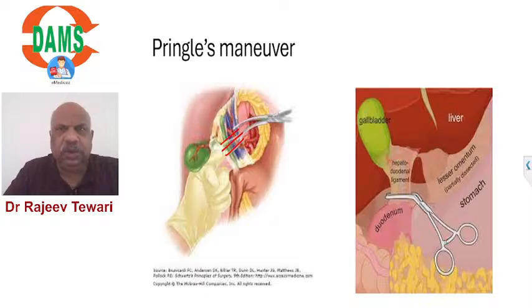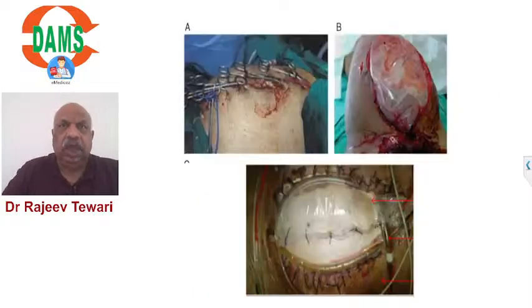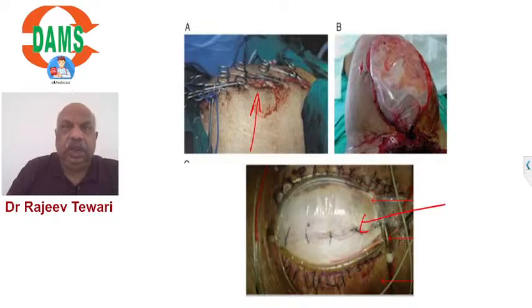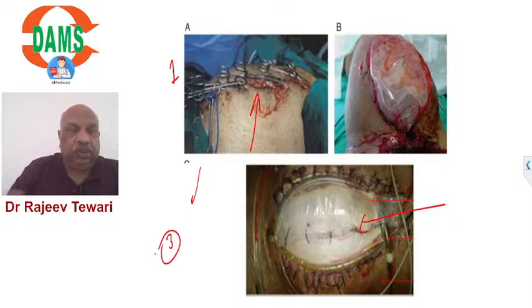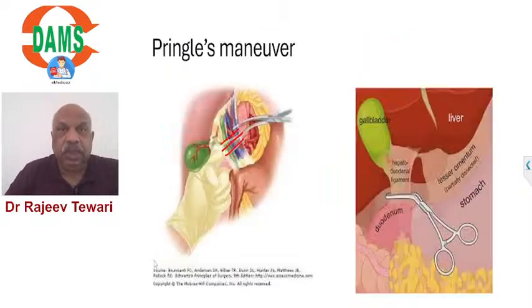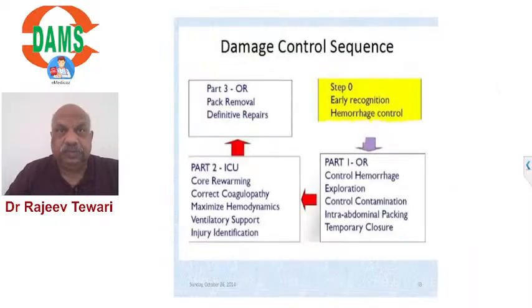All this is a common question, I'm sure you know all this. And this is how you do. You can put a Bogota bag, you can apply towel clips, you can apply a sponge, do anything, don't close the abdomen. This is called laparostomy. This is what you do in phase 1. And then in phase 3, you close the abdomen. Right? Understood? This is Pringle's. So, phase 0, patient selection, resuscitation.